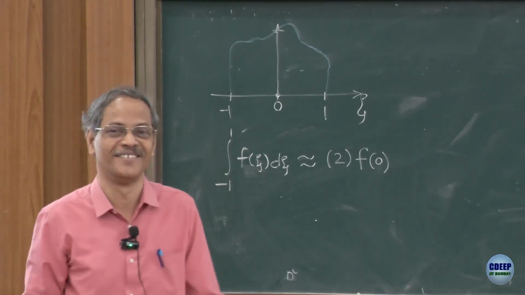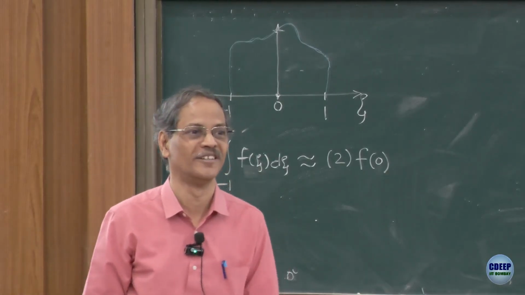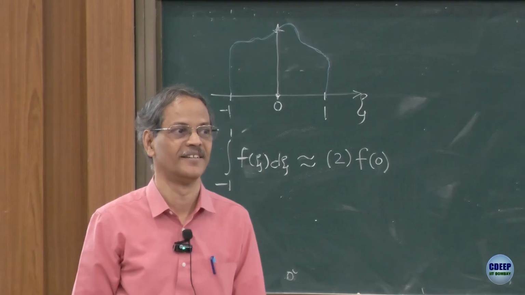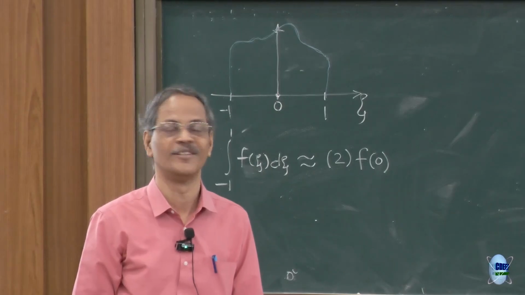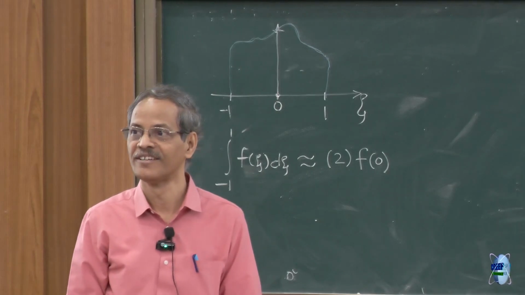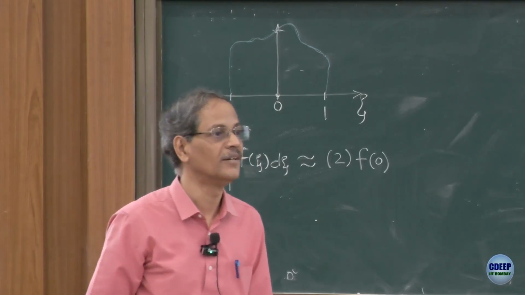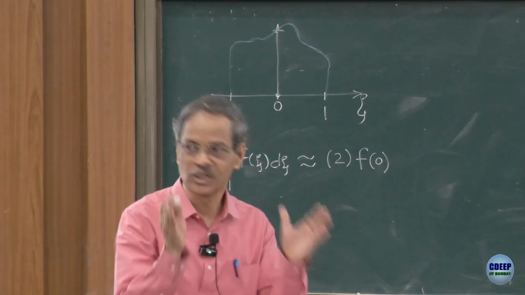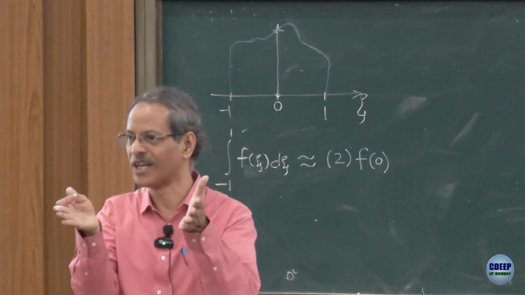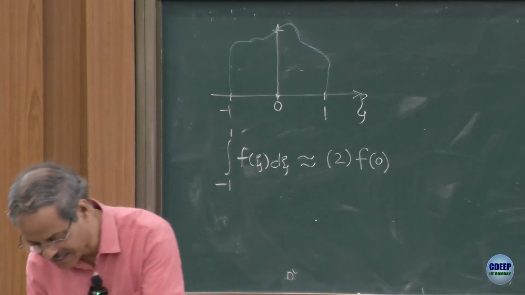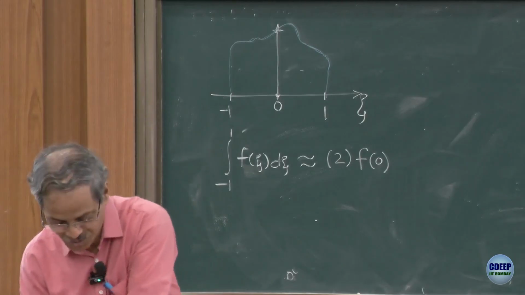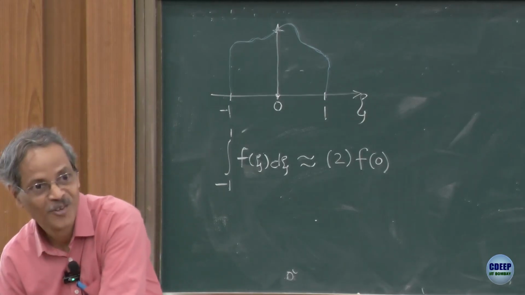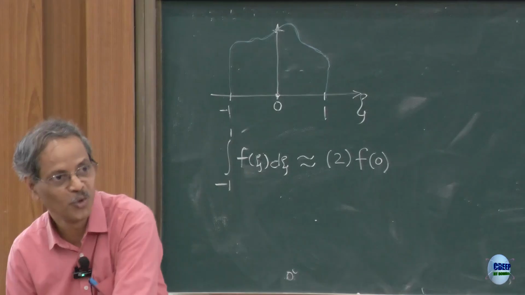What does it mean? Weight is 2. What is 2? The interval is 2, right? So, what he is essentially asking you to do is, when you multiply it by 2, you will get the area.